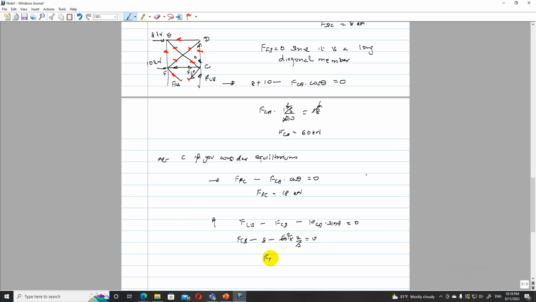So FCB is 8 plus 24, 32 kilonewton. FCB. Okay. So like that, I can continue to the next point at B and find the member forces. Okay, so that's how we can find the member forces.